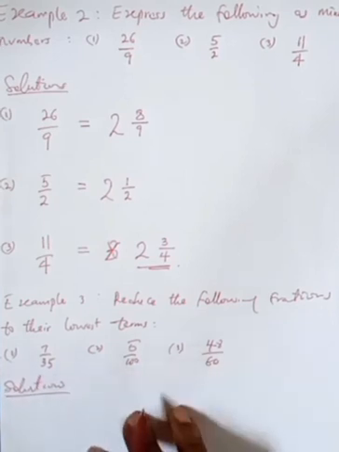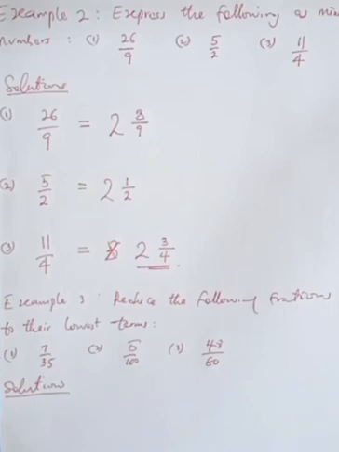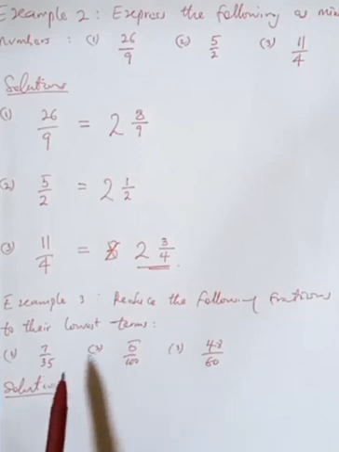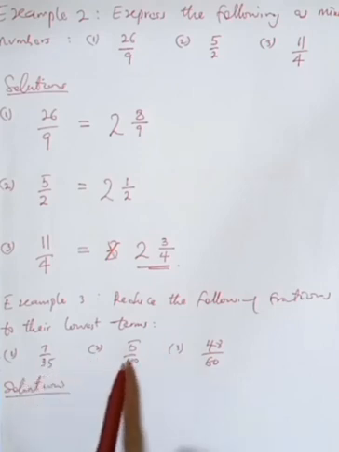So expressing any number to its lowest term simply means we should rewrite this number in such a way that they will have nothing common to them. Because when we observe each of the fractions given to us here, and compare the numerator to the denominator, we are going to see that there is a particular factor which is common to both the numerator and the denominator.